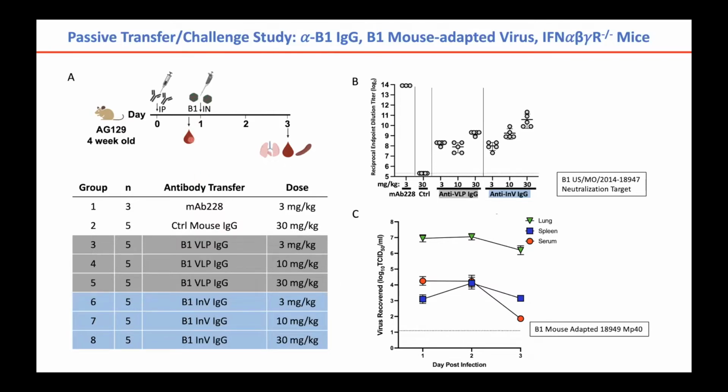We take samples to confirm the mice have anti-EV D68 antibodies. You can see that over here. And then the next day, we challenge with the B1 subclade EV D68 mouse-adapted virus. 2 days later, we take lung, spleen, and serum to look for the presence of virus.